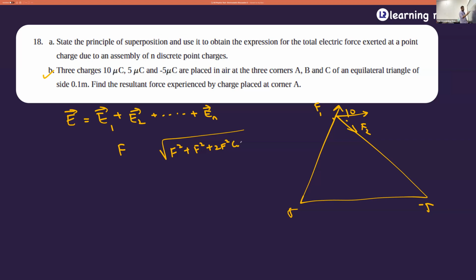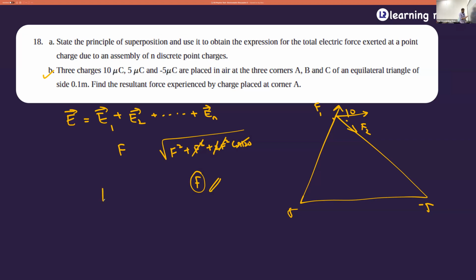Cos 120 is minus half, so the 2F square and minus half will cancel, and F square and F square will remain. You will be left with F itself. So whatever force you calculate individually will be the answer.